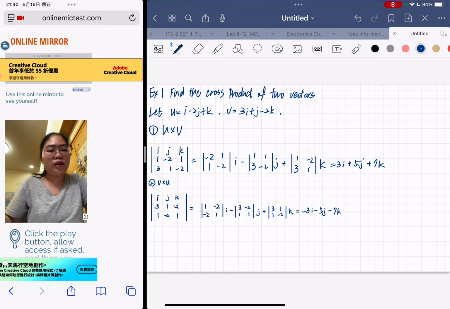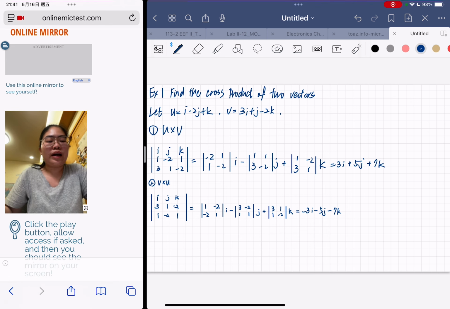First, let's find U × V. Let's put i, j, k, 1, −2, 1, 3, 1, −2 into the determinant, and cofactor expansion gives the determinant of (−2, 1, 1, −2) times i, minus the determinant of (1, 1, 3, −2) times j, plus the determinant of (1, −2, 3, 1) times k, and it will become 3i + 5j + 7k.